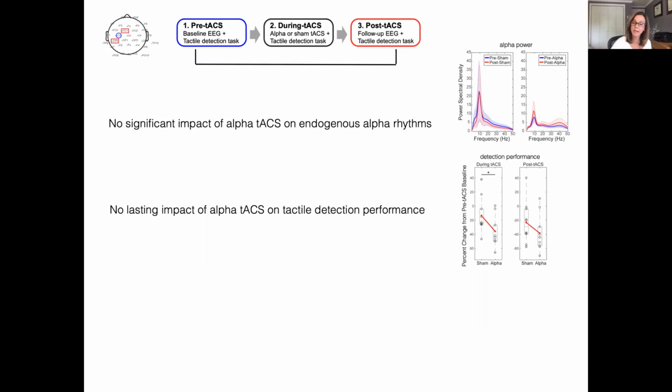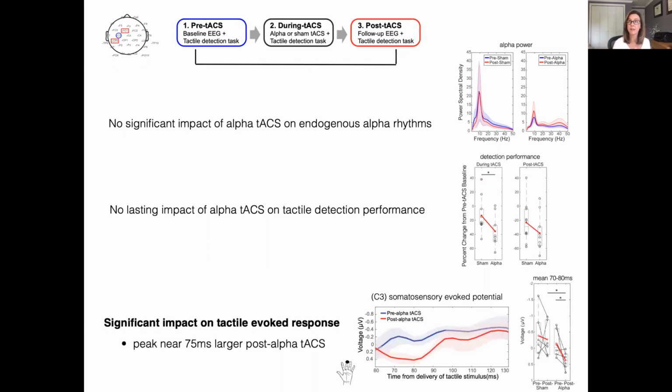But we did find one subtle but significant difference in our EEG signal, and that was in the tactile evoked response. If we compared the evoked response above somatosensory cortex in the pre versus post alpha stimulation condition, we found that this peak near 70 milliseconds was greater post-stimulation.